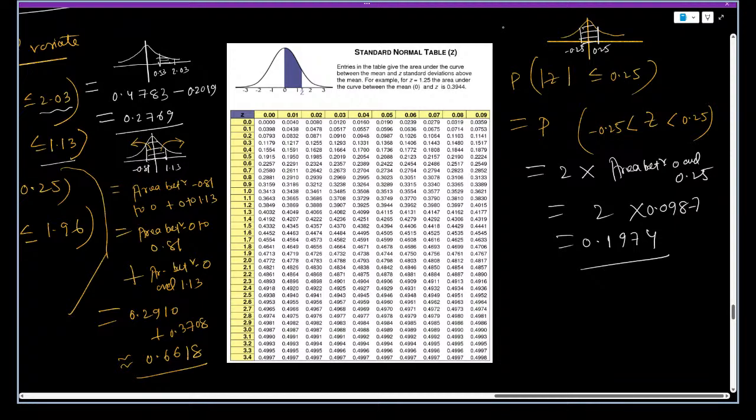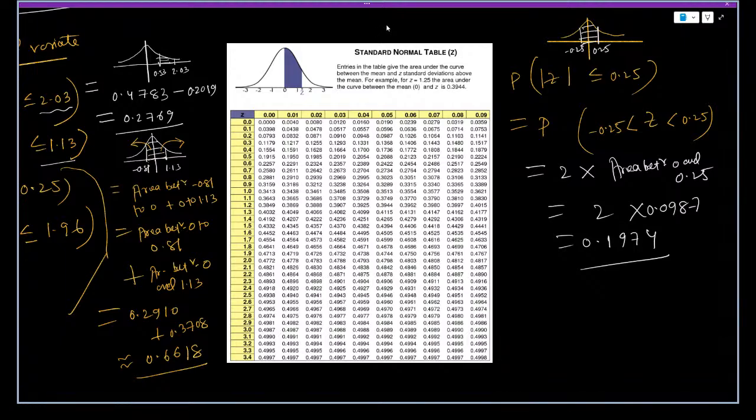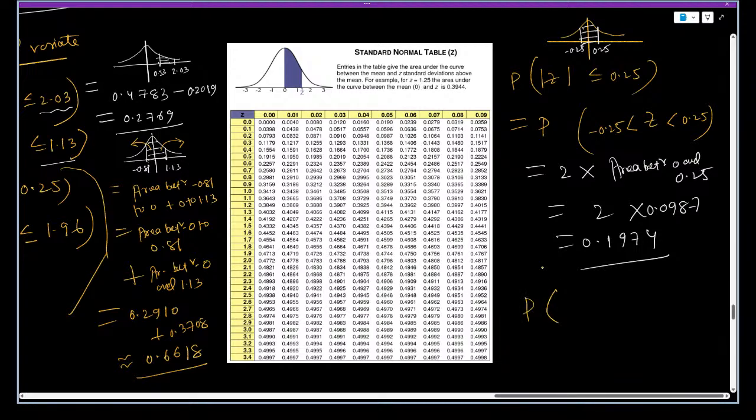The next problem I have asked is to find the value of z greater than or equal to minus 1.64. How to find p, then we will go for practical application.